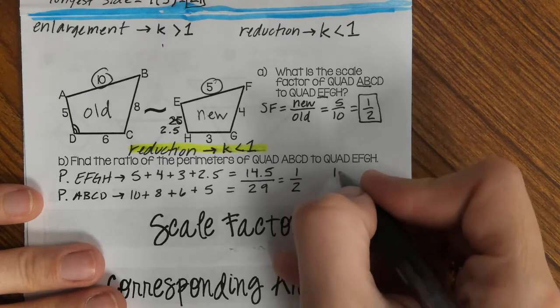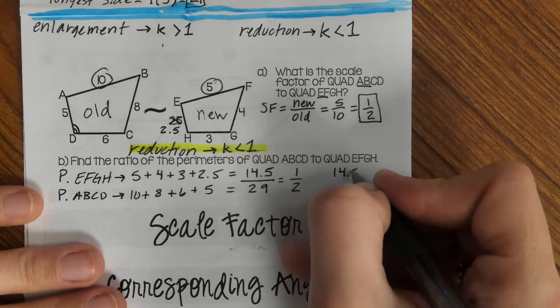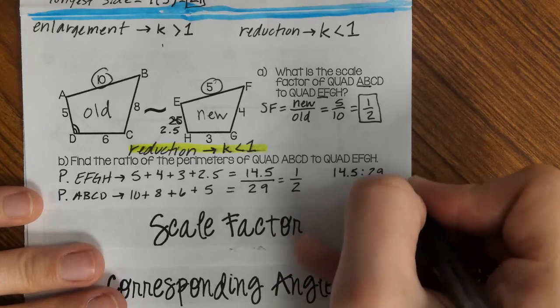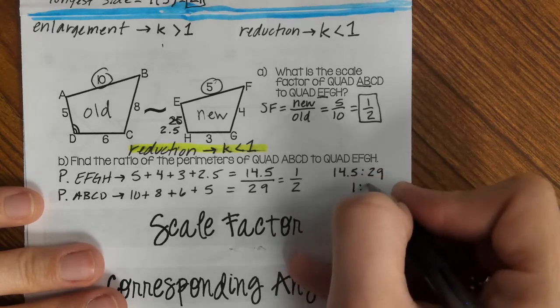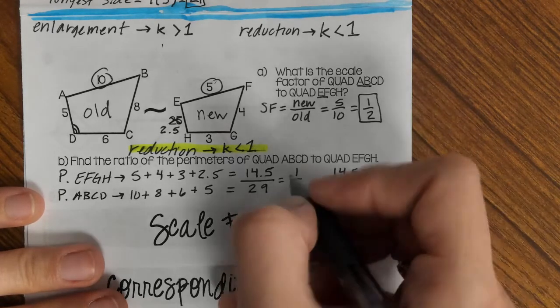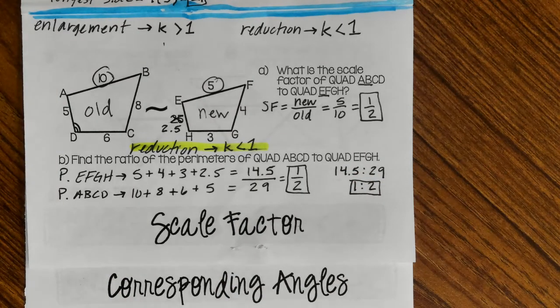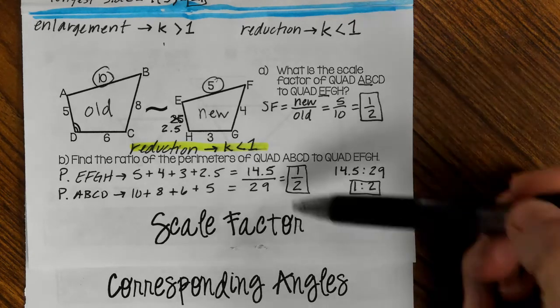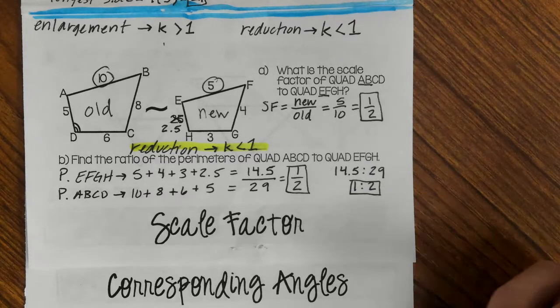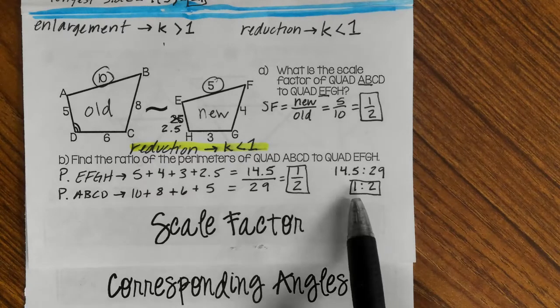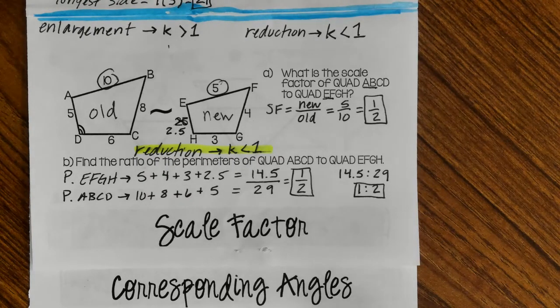If we do it in our colon form, it will still simplify down to 1 to 2. Either one of these will be accepted. With your ratios, because we are used to putting the first one first and the second one second, if you switched it to 2 over 1, simplifying to 2, or over here you did 2 to 1, we will accept that as well. Okay?